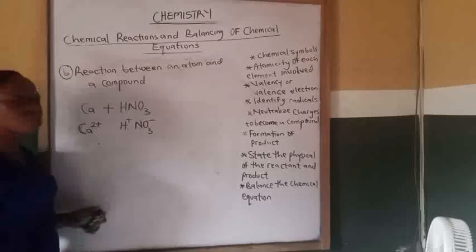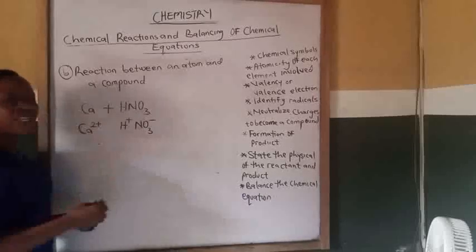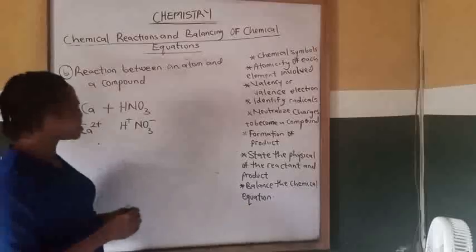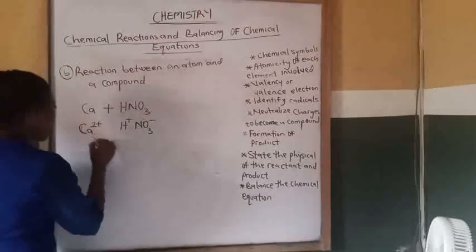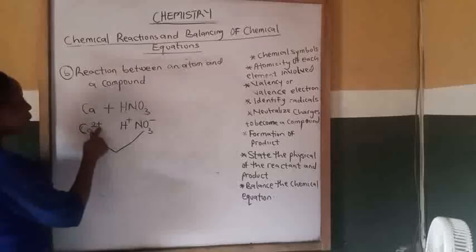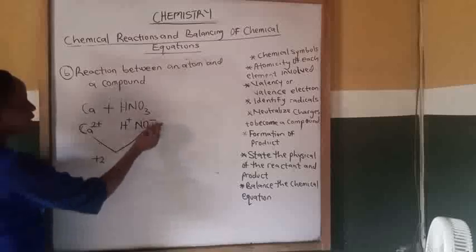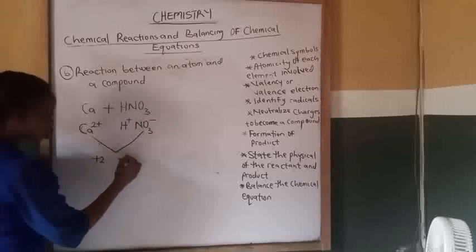To form your product, you take the positive from the first reactant particle and react it with the negative from the second reactant particle. So the positive here is plus 2, and the negative here is what? Minus 1.